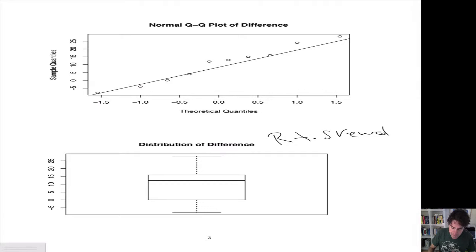Also, we can see that the points on the quantile plot for the differences fall off the line, especially around these points here. So these two plots together indicate that the data are not normal. And for small samples, this means that the nearly normal condition for the t-test is not met.